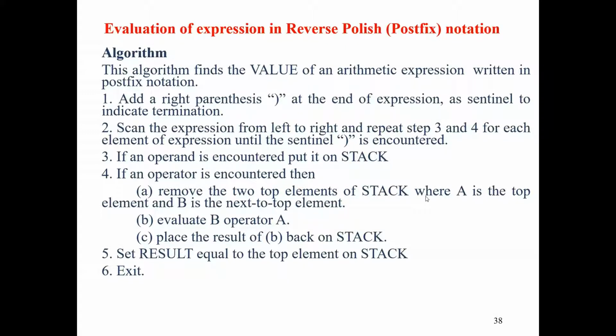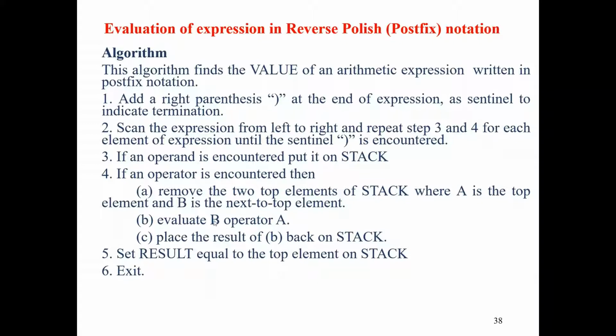The topmost operand is considered as A, and the second operand is considered as B. And in the next step, we are going to evaluate B operator A. So what does B mean? B is the second top operand, and A is the top operand.